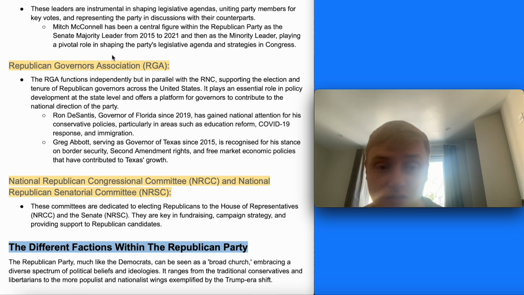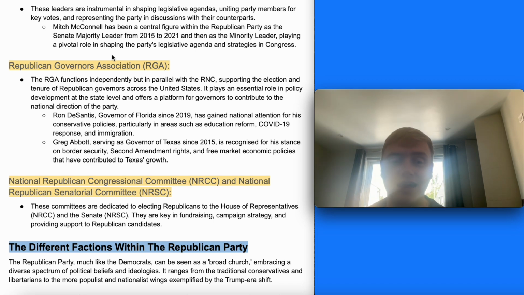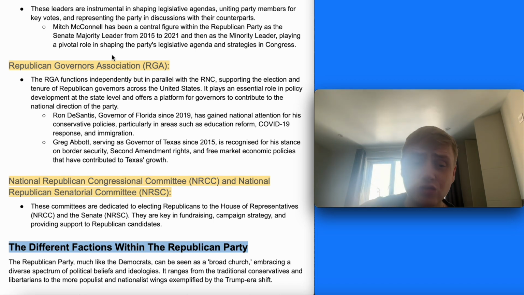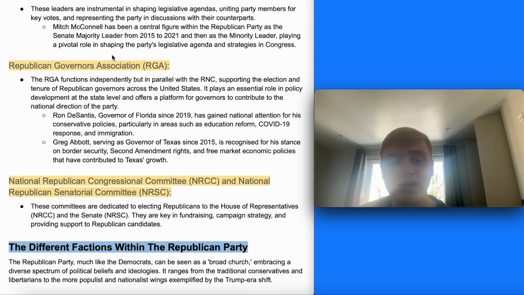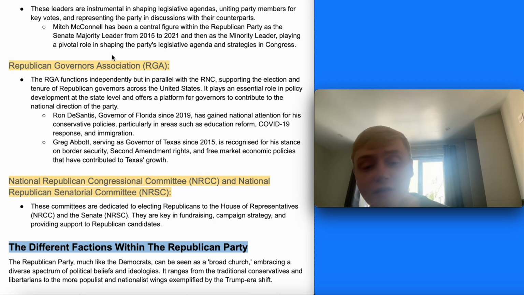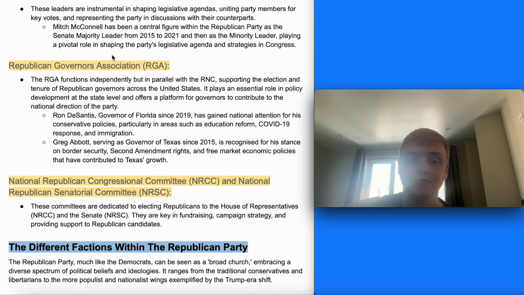And Greg Abbott, serving as governor of Texas since 2015, is recognised for his stance on border security, Second Amendment rights, and free market economic policies that have contributed to Texas's economic growth. There's also the Republican Congressional Committee and Senatorial Committee, which promote fundraising, campaign strategy, and support for Republican candidates either for the House of Representatives or the Senate.